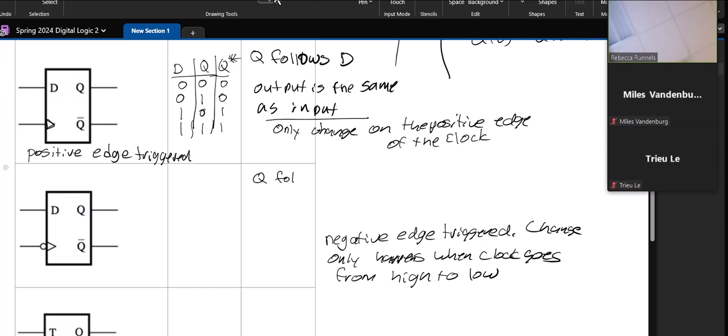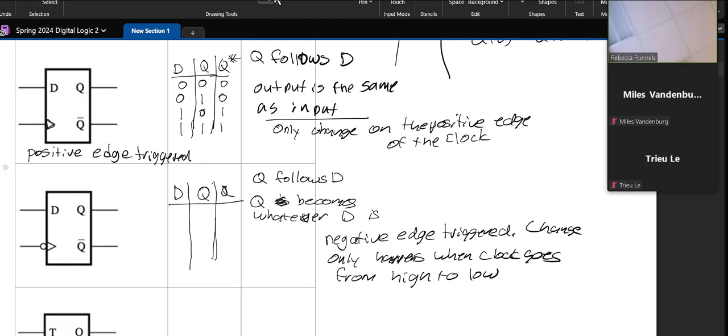It's still true that Q follows D, which means that Q becomes whatever D is, and it doesn't matter what the last value of Q was, and so our characteristic table is going to look the same. I'll put Q next here. 0, 0, 1, 1, 0, 1, 0, 1. And so Q next, the next value of Q, will be whatever D is.